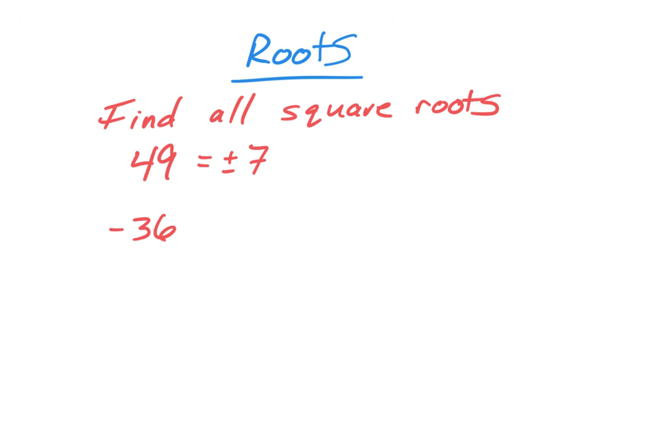If I said negative 36, what happens if I take the square root of negative 36? Absolute value, yes, right? We talk about absolute value. Absolute value of a negative makes a positive. Okay, try it in your calculator. If you've got your calculators, take the square root of negative 36.